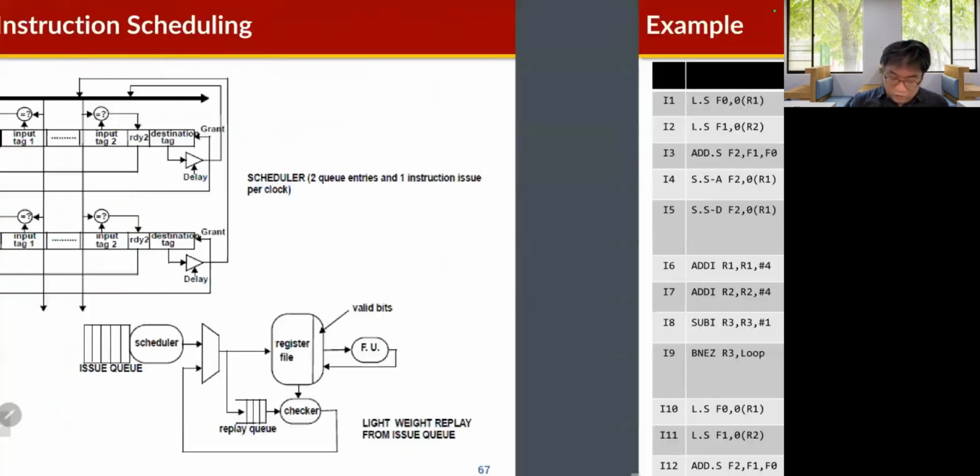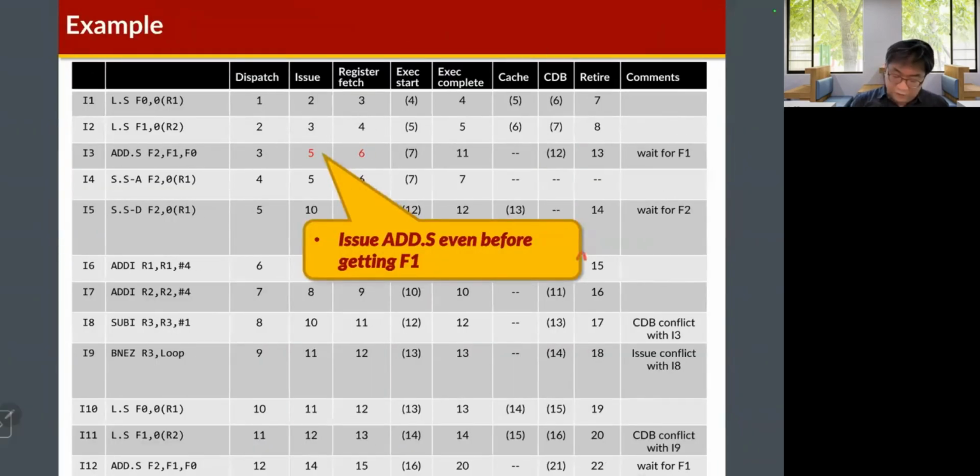Let's look at this timing diagram. For this load instruction, the data will be delivered to the common data bus at clock cycle 7.